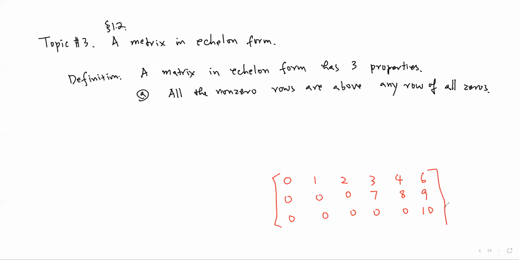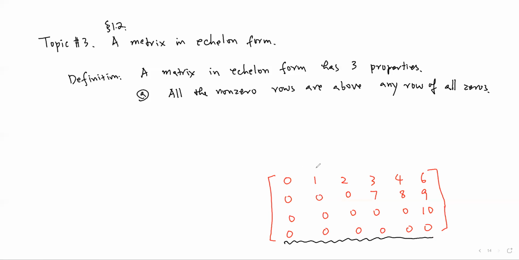Let me add one more row. I say 0, 0, 0, 0, 0, 0. All the non-zero rows are above any row of all zeros. The last row is a row of all zeros.